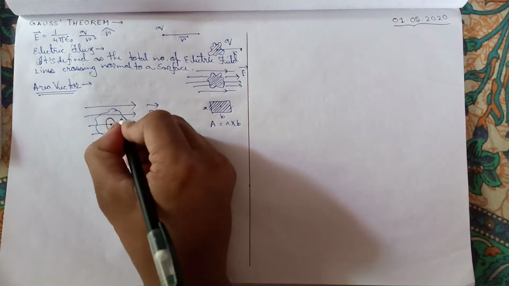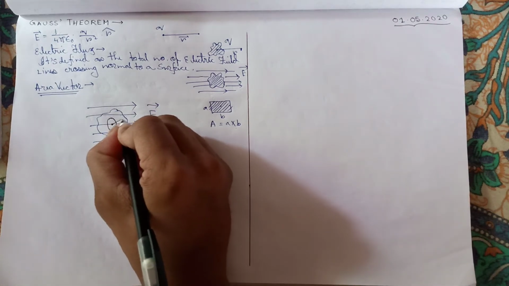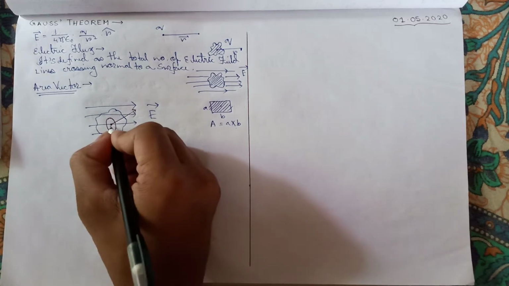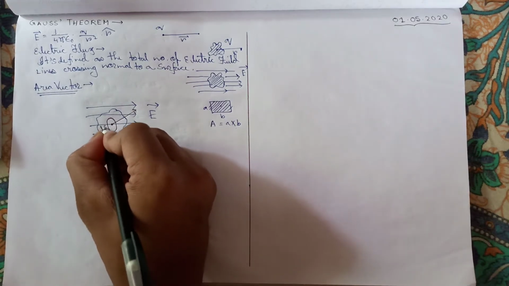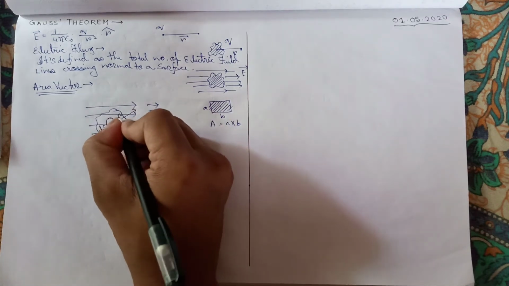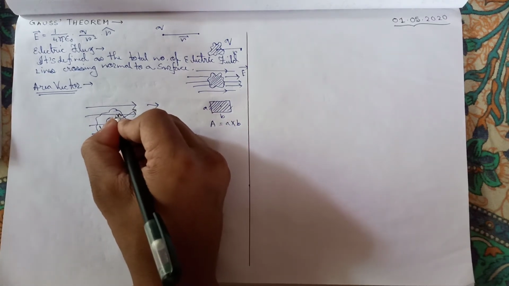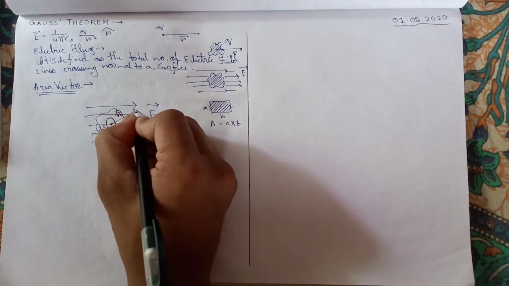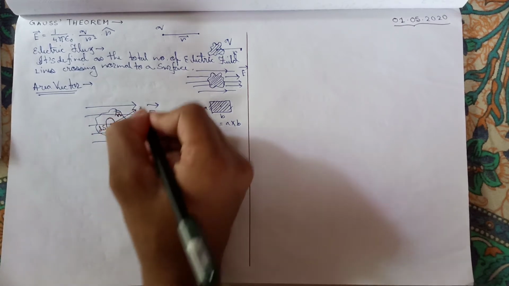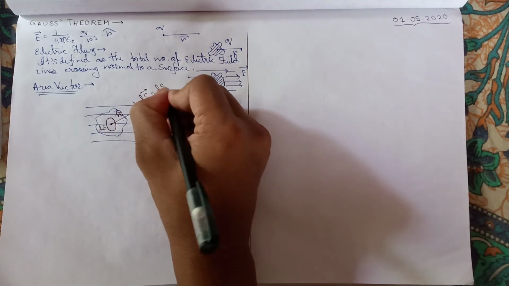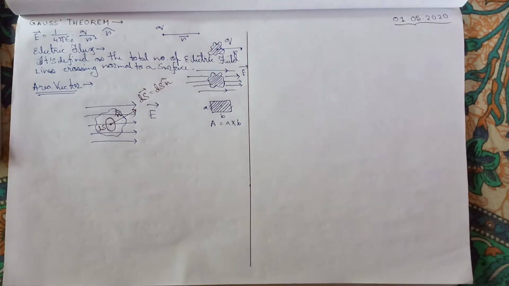So from that part, this is the direction of the area vector. Suppose the magnitude of the area is ds, this normal vector can be written as, let's say, the unit vector normal to the area along this straight line. Then the area vector will be ds n cap.